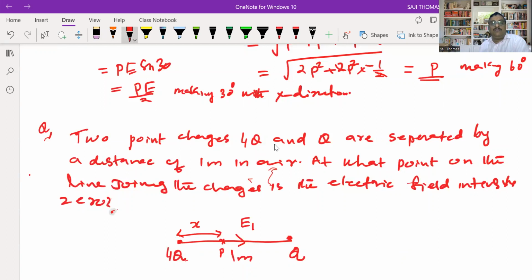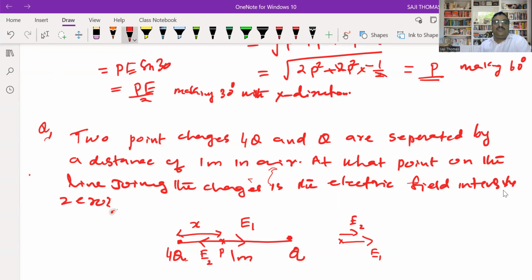And the electric field at P due to the other charge Q, which is also positive, will be away, in this direction. So the fields are in opposite directions in between the charges. But if you take a point outside, the electric field due to the first charge is in this way, and the second charge also in the same direction. So the electric field can be 0 only at a point in between the charges.